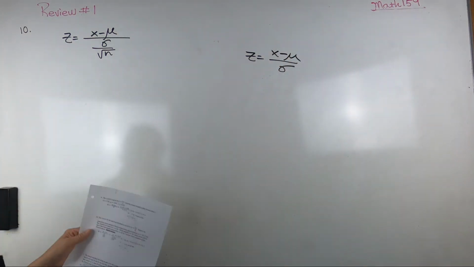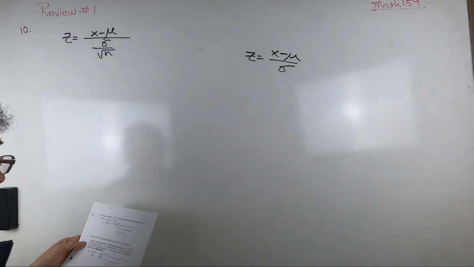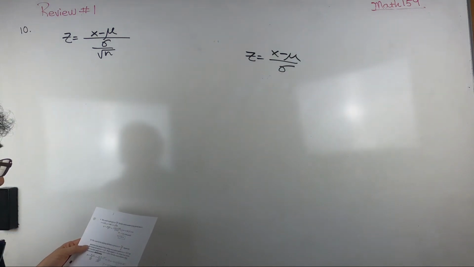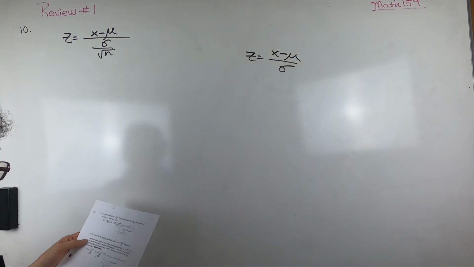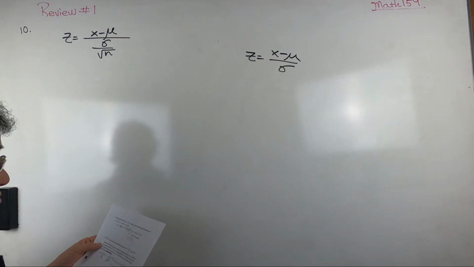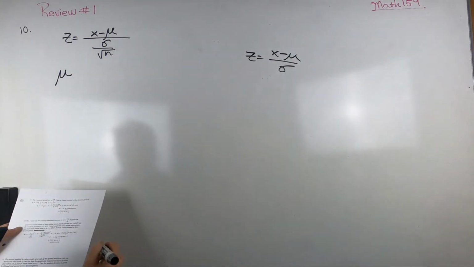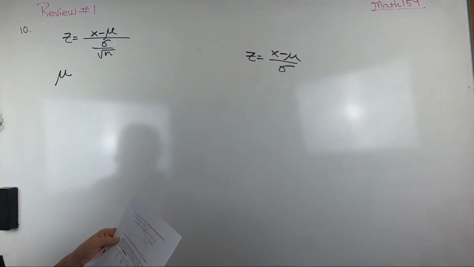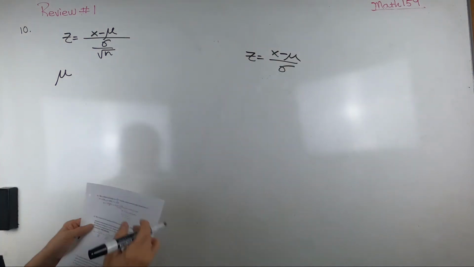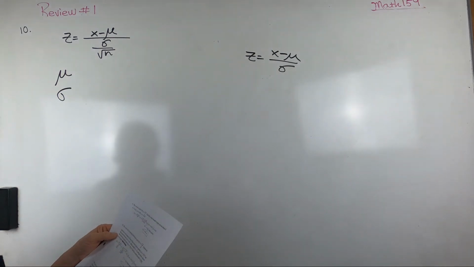And now it's a little bit different, more complicated, for the sample distribution. Suppose the population mean amount of time college soccer players practice is mu. So it's saying mu is what? Population mean. And standard deviation sigma.